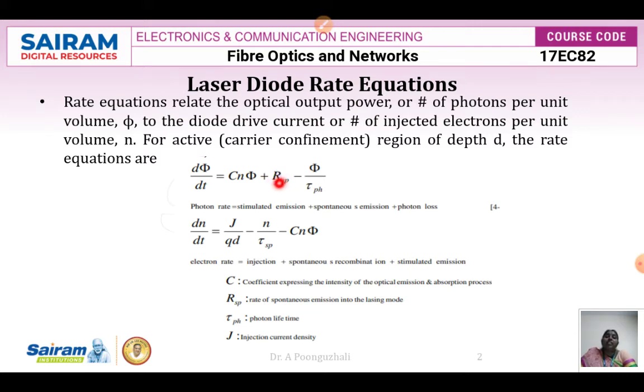When I make d phi by dt equal to 0, I will have Cn phi minus phi by tau ph is equal to 0. That means Cn phi is equal to phi by tau ph. This phi will get cancelled, so your n is equivalent to 1 by C tau ph.